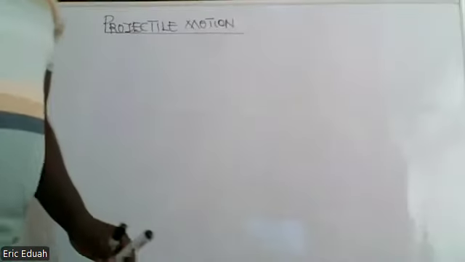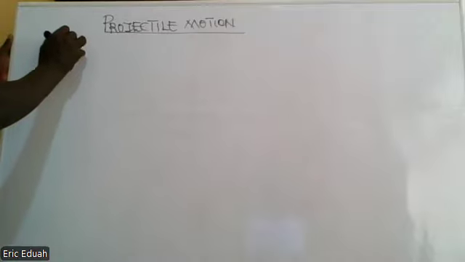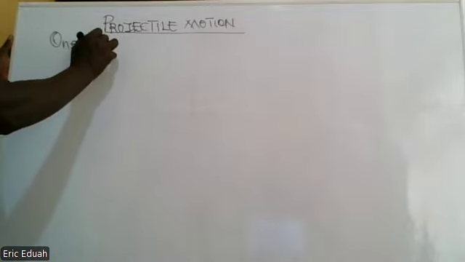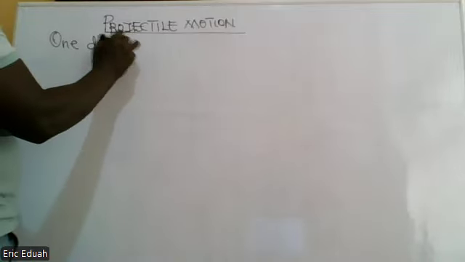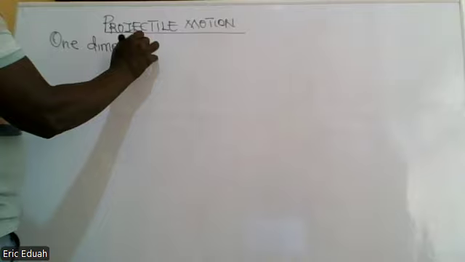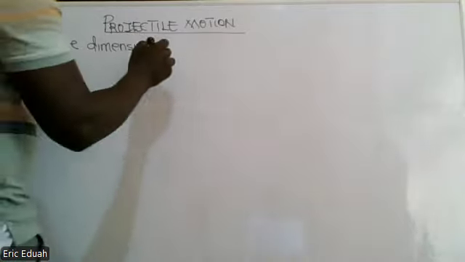Okay, so we have two types of projectile motion: one-dimensional projectile motion and also two-dimensional projectile motion. In one-dimensional projectile motion, the projectile, which is the object experiencing the projectile motion, makes an angle of 0 with the horizontal or the ground.